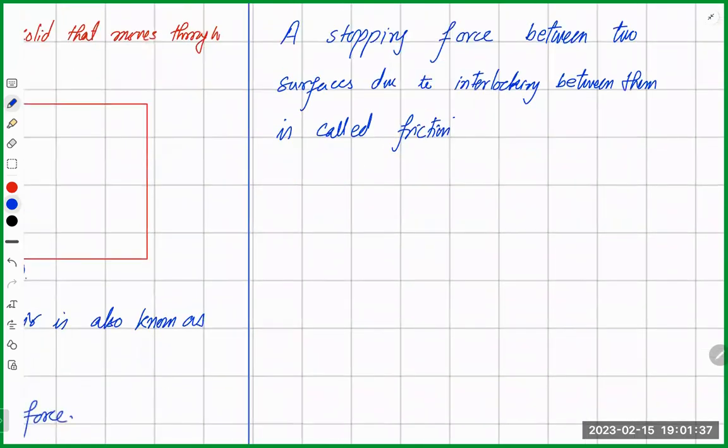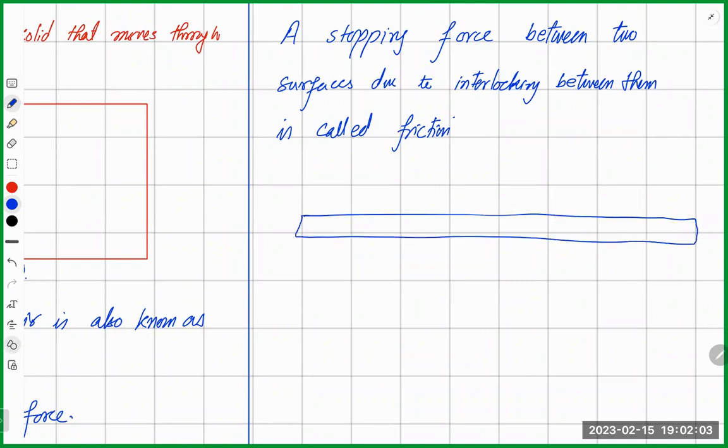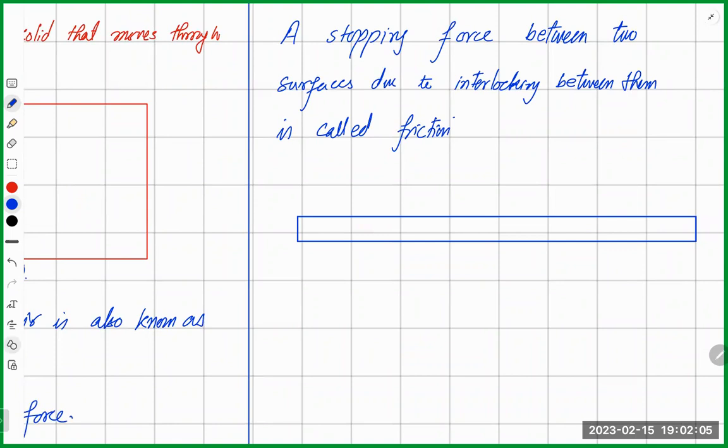So if this is a table, and on the table there is a book.